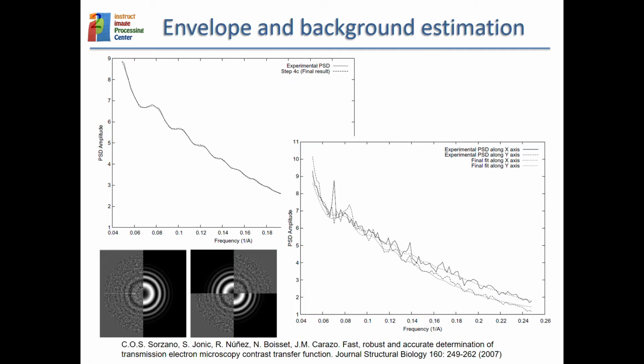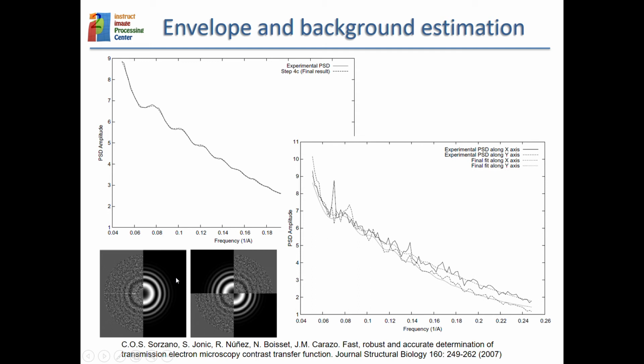And here is another interesting idea. In one of our papers, we reported that when you average, you see nicely the Thon rings, going up and down in the spectrum, but it is not that you have to average straight through.